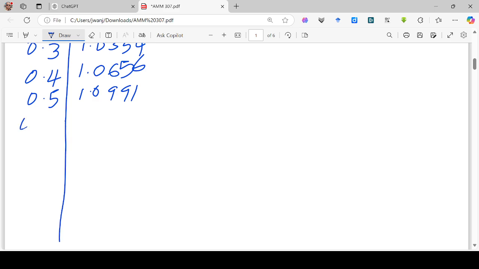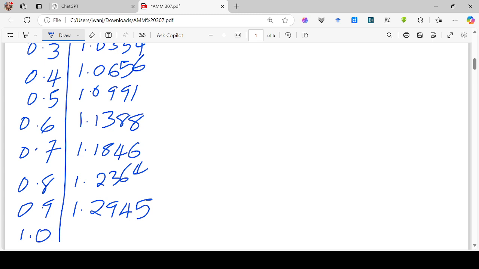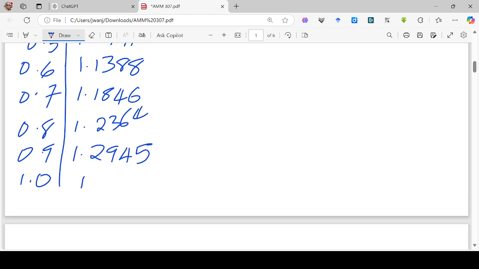When x is 0.6, the value of the function is 1.1388. 0.7, we have 1.1846, and 0.8, we get 1.2364. 0.9, the corresponding value of the function is 1.2945, and then 1.0, the value of the function is 1.3591.